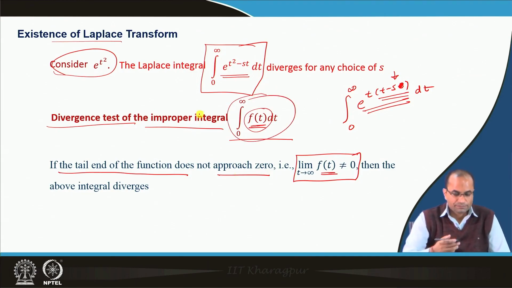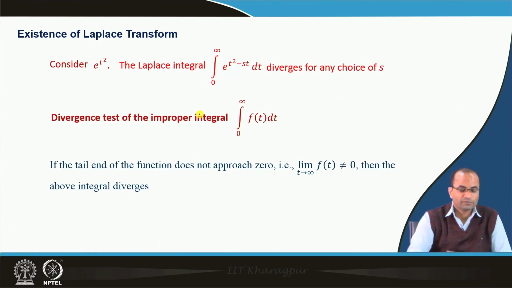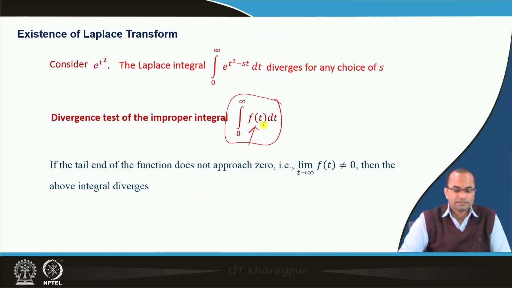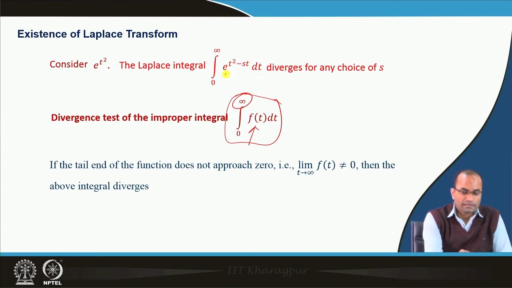That is the basic test we have for the divergence of such improper integrals. So, if f t does not go to 0 as t approaches infinity, then definitely this integral will diverge, and this is exactly happening here.